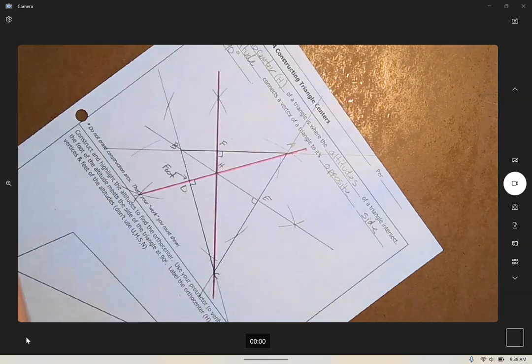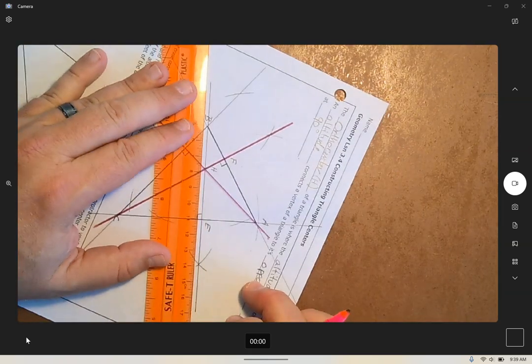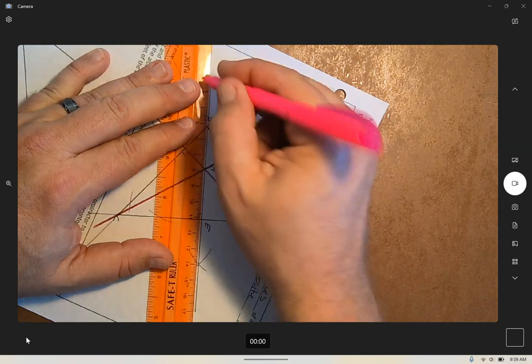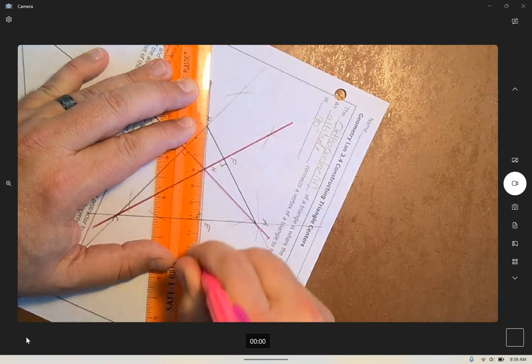Altitude line. Altitude line. Pink is dying out already.